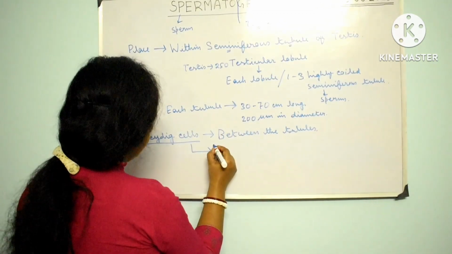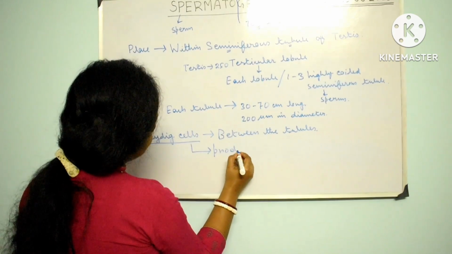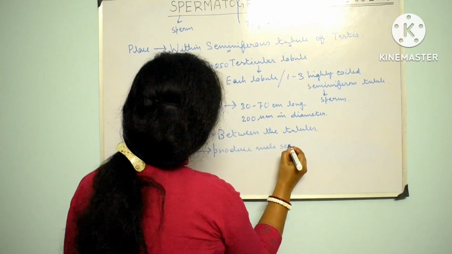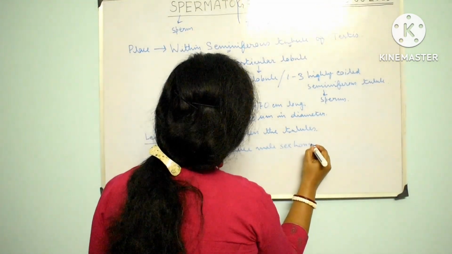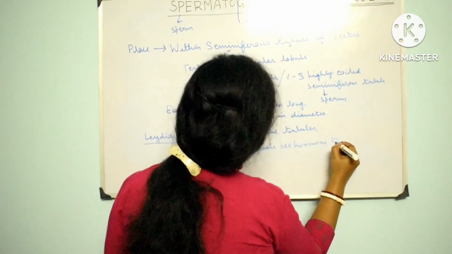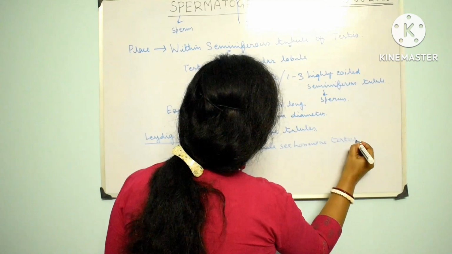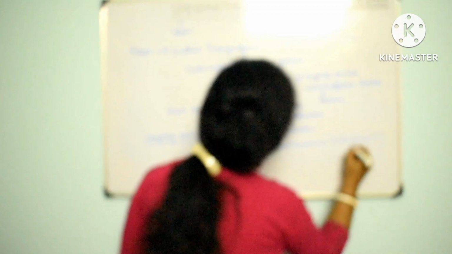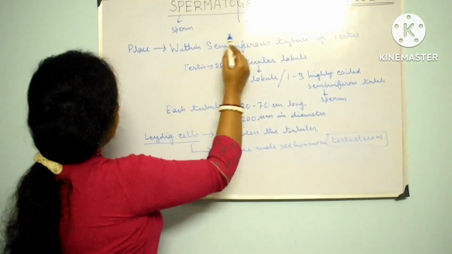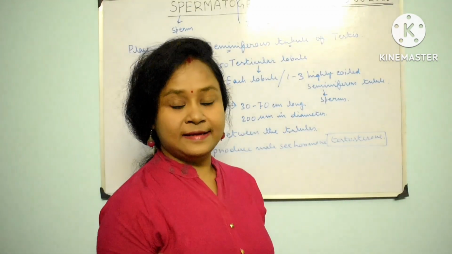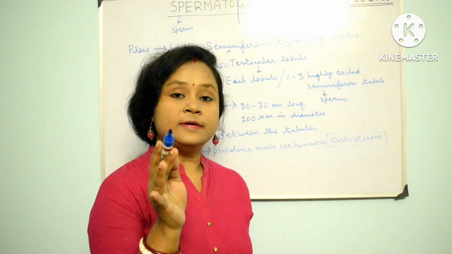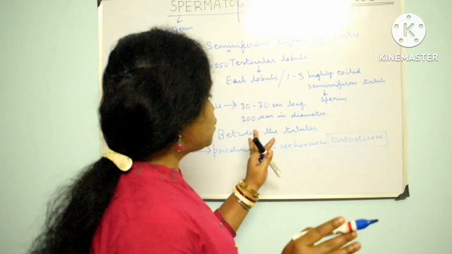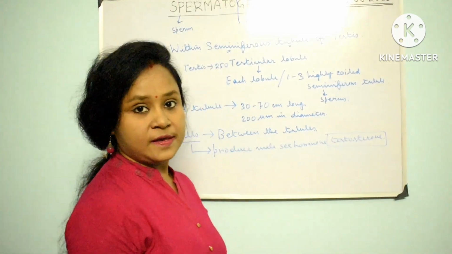Because Leydig cells produce the male sex hormone testosterone, and this hormone has a great effect on spermatogenesis. So prior to discussing the actual mechanism, you should be clear about these concepts.